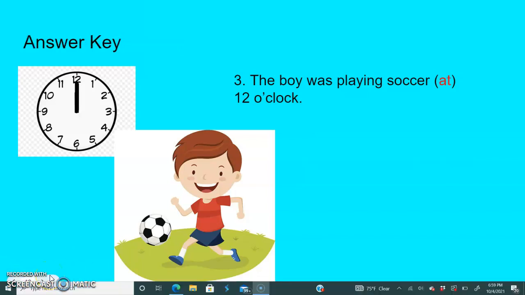So the answer to our final example is the boy was playing soccer at 12 o'clock. This is an example of us using a preposition to help us tell the time in which something was happening. So in this case, the boy is the noun, and at helps us tell the time in which the boy was playing soccer. So the boy was playing soccer at 12 o'clock.